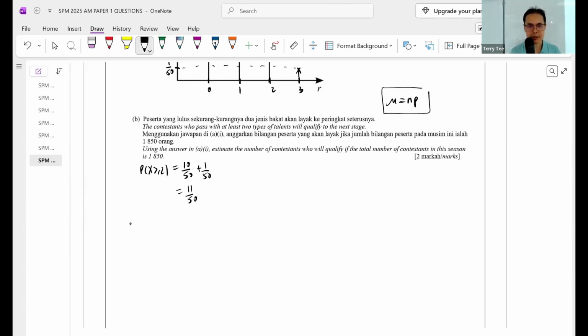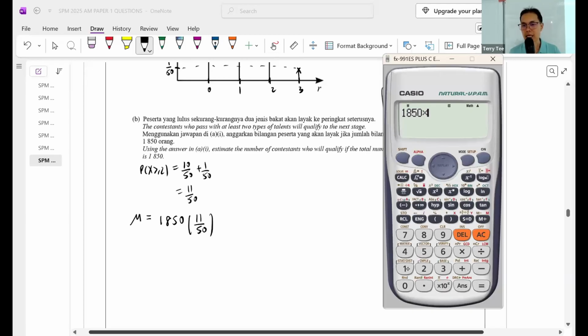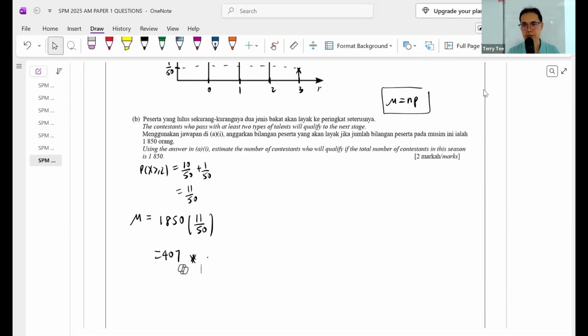So on average, if you have 1,850 contestants and the chances of them qualifying to the next round is 11 over 50, we take 1850 times 11 over 50. Your answer is 407. 407 will qualify for the next round.